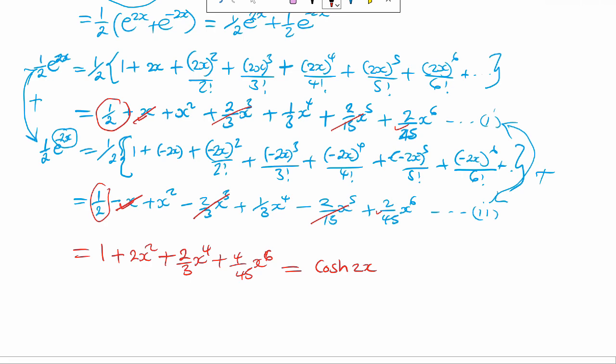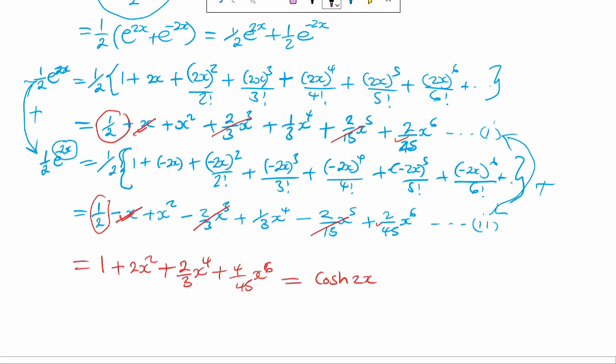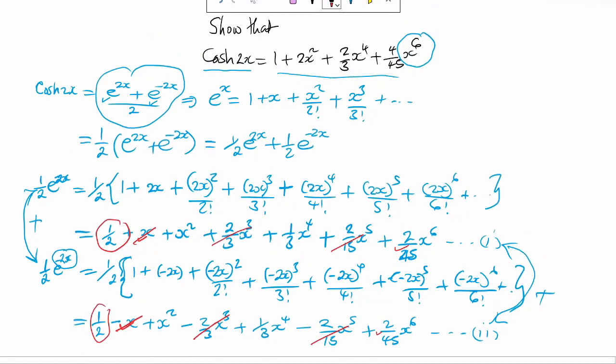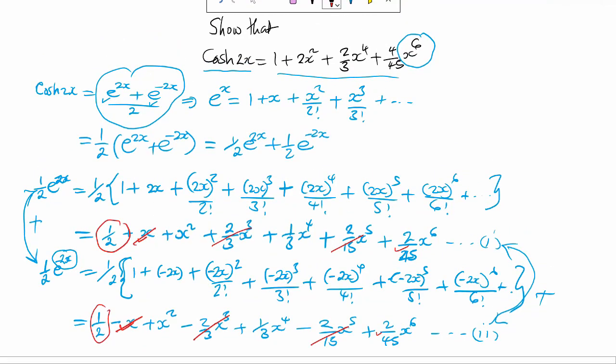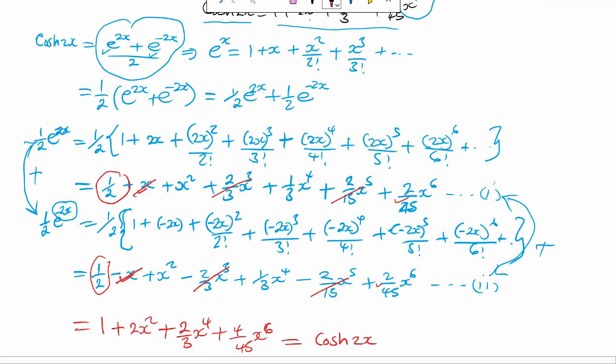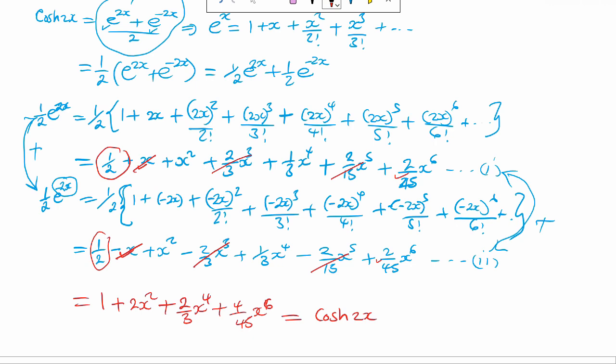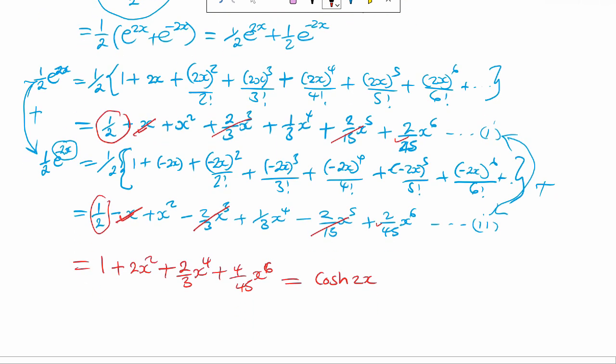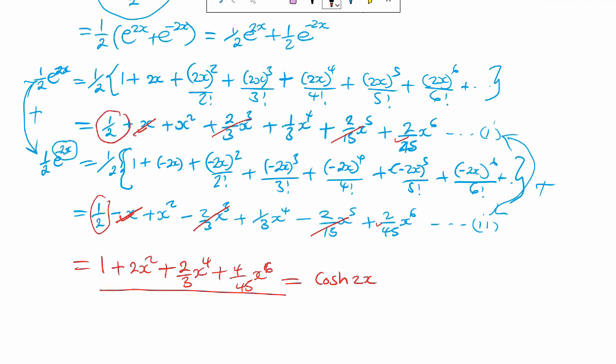And if I may go back to the equation, this is what we had: 1 plus 2x squared plus 2/3 x raised to 4 plus 4 over 45 x raised to 6. And from our result, the two equations are the same. So it means cos 2x is 1 plus this one with this value here.